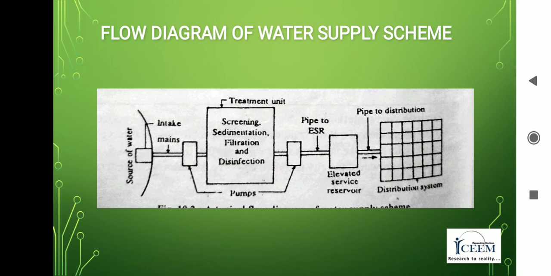Extra capacity is essential to take care of repairs and breakdowns. The pumps should be designed for maximum daily consumption and for some additional quantity to take care of repairs and breakdowns. The distribution system should be designed for maximum hourly demand.